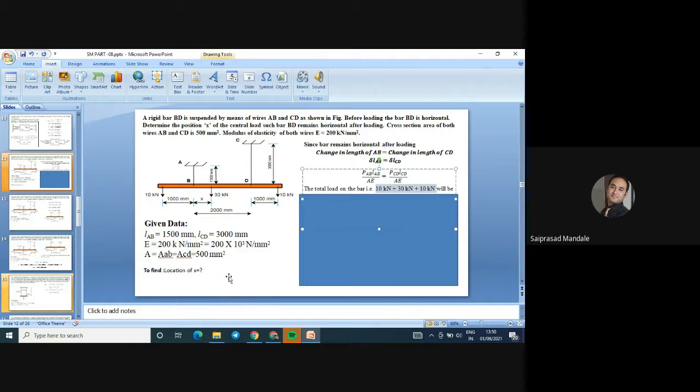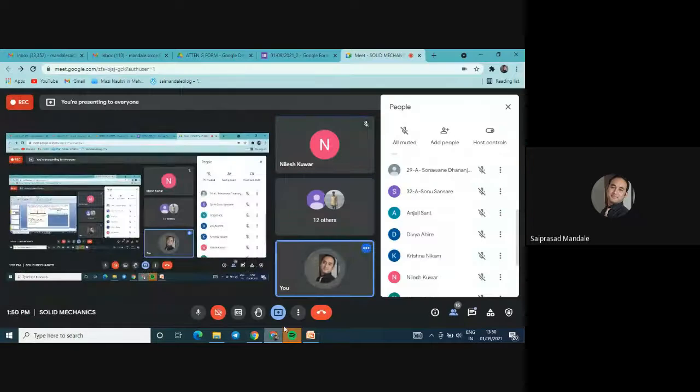What they told us is to find out X. So for X, we have to take a moment. If we wish to take a moment, we have to take a summation of moments, because of the conditions of equilibrium. What are the three conditions of equilibrium?